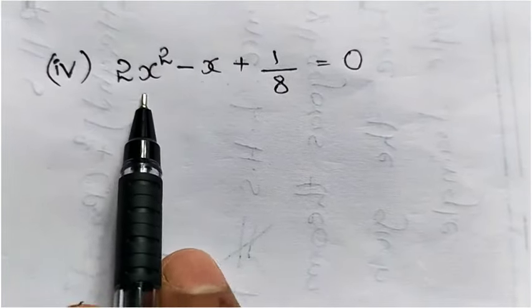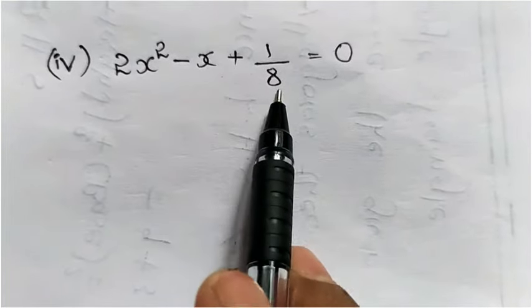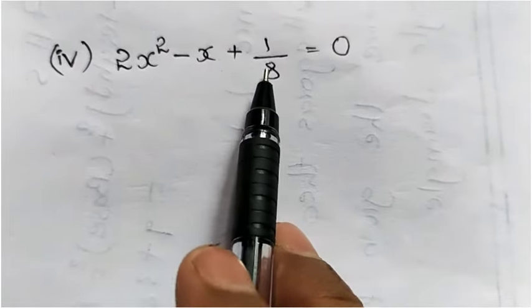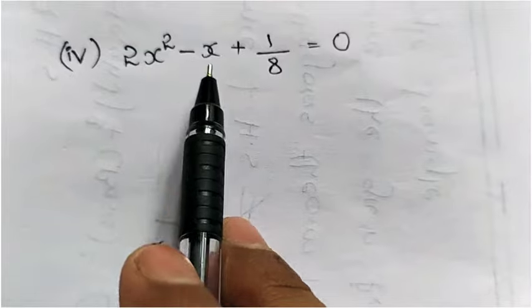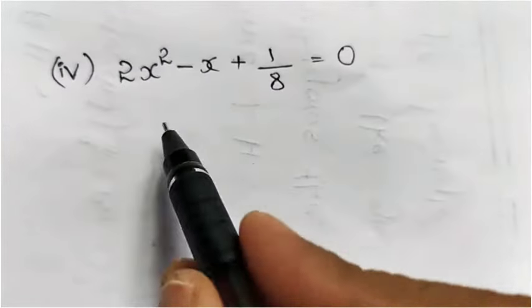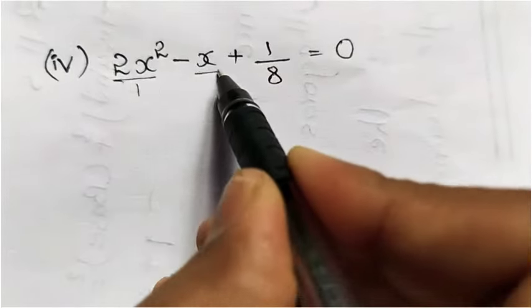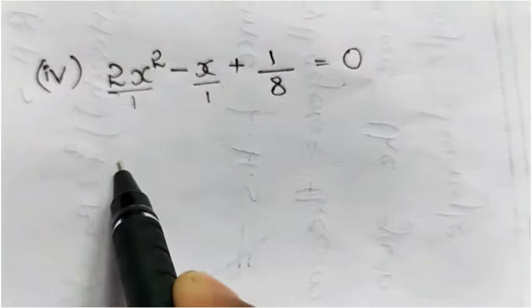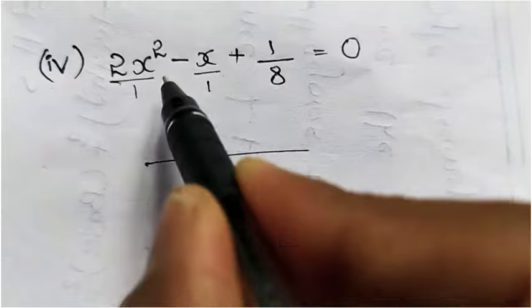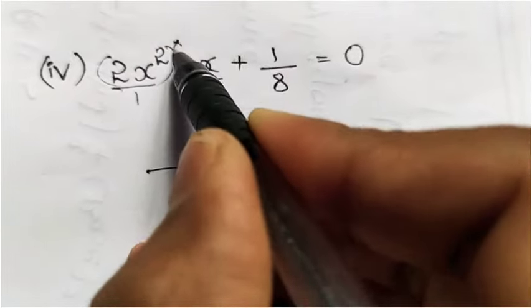Fourth one: 2x square minus x plus 1 by 8 equal to 0. So here the constant number is in fraction, so take the LCM here. 2x square by 1 I will take and x by 1 I will take. Okay, so 1 by 8. The LCM will be 8. So we have to multiply everything with 8.